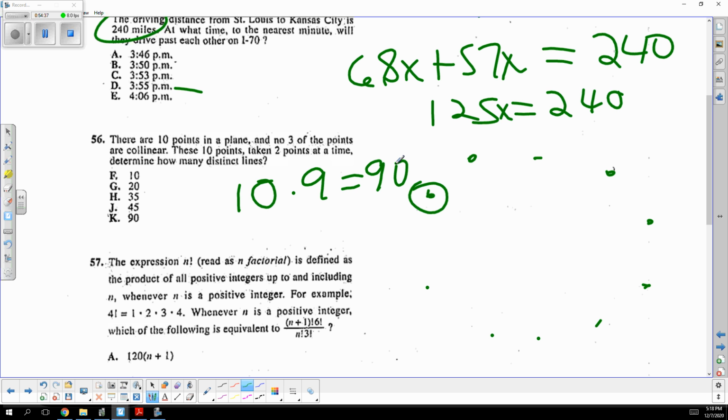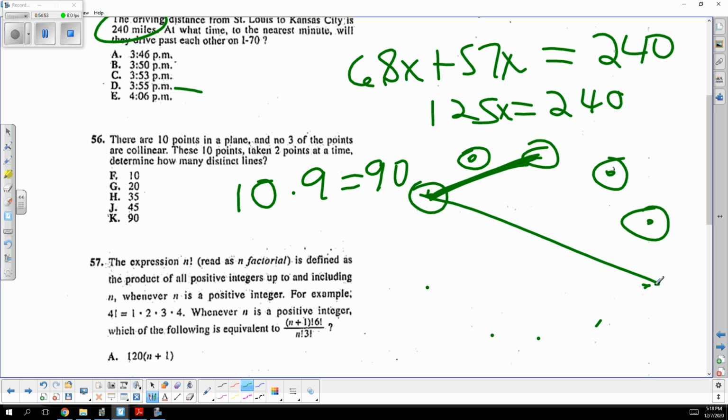So it's 10 times 9. I can draw 9 from you, 9 from you, 9 from you, 9 from you. However, I'm counting the line from you to you twice. In fact, I'm counting all of the lines twice. So what do you do with 90? You divide by 2 and you get 45.